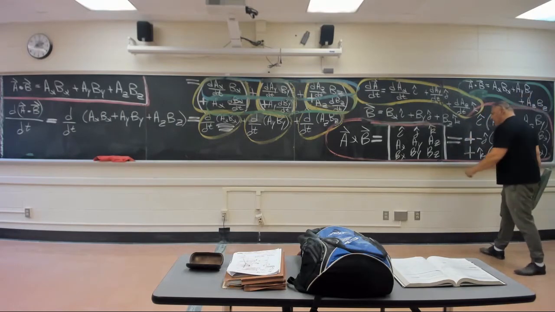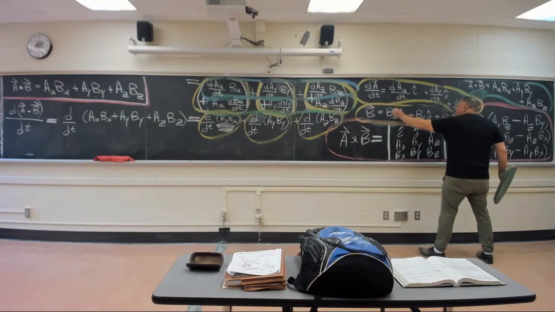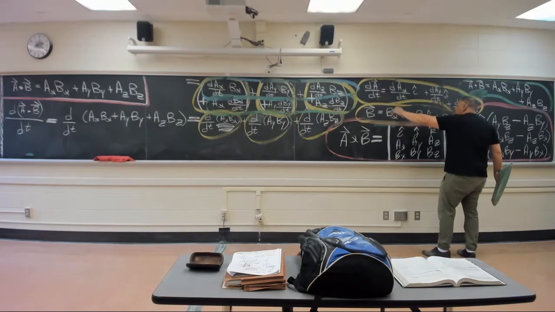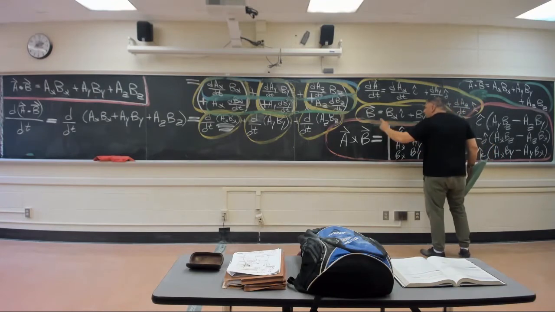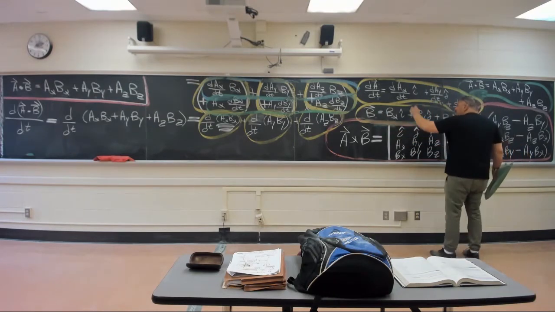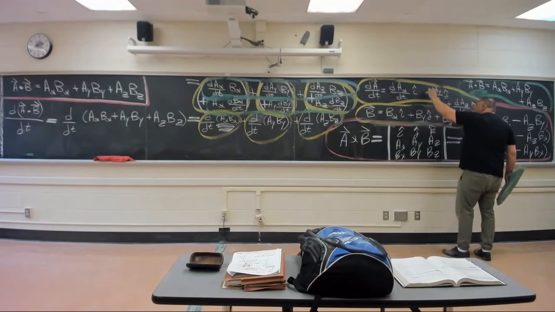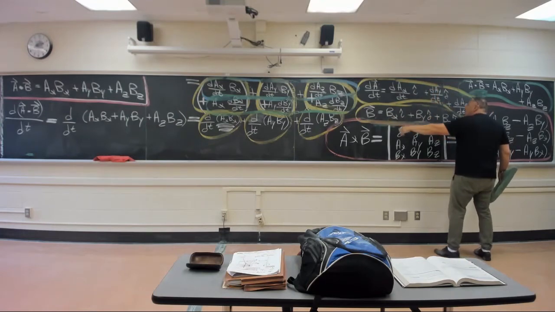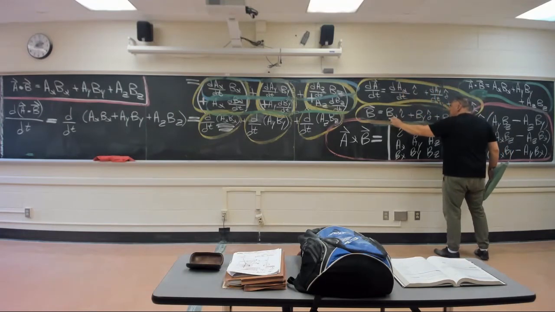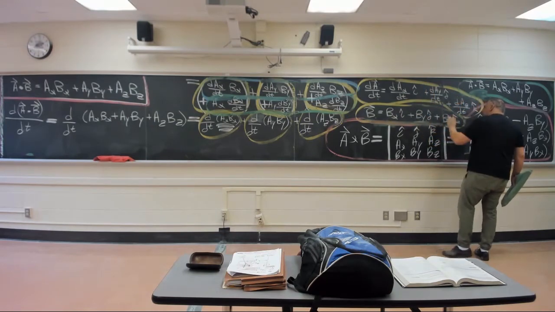Wait a minute. If you were to take dA vector/dt, which is all this, and dot it with B vector, which is all that, the i hats go, and it's dAx/dt Bx, dAy/dt By, dAz/dt Bz.